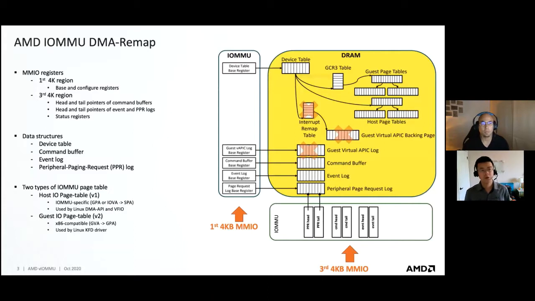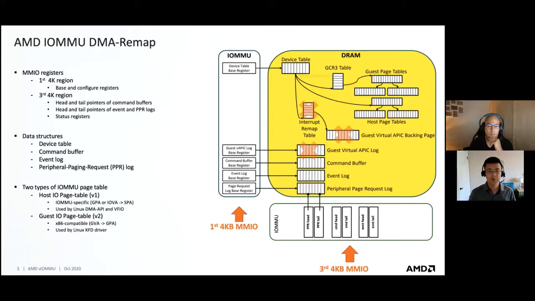Okay, so this slide shows you the AMD IOMMU design. As you can see on the right-hand side in the diagram, the hardware uses a lot of different data structures for the IOMMU management. The main registers are inside the two 4KB MMR regions.